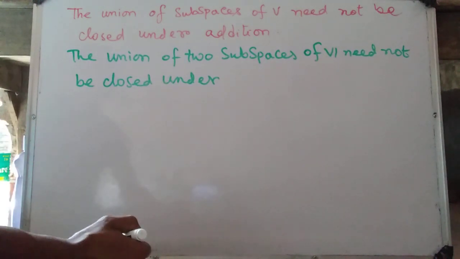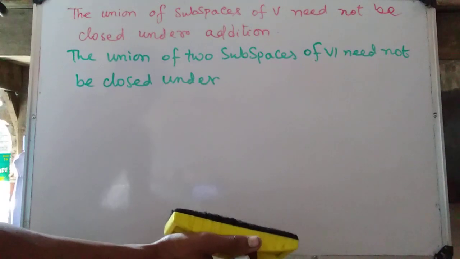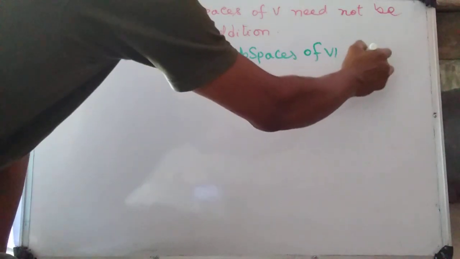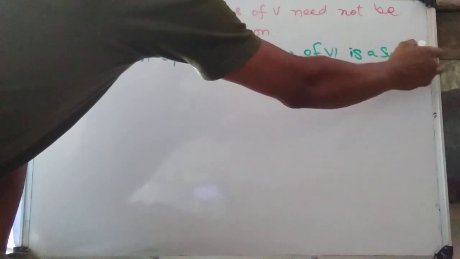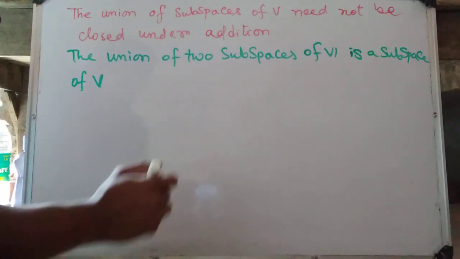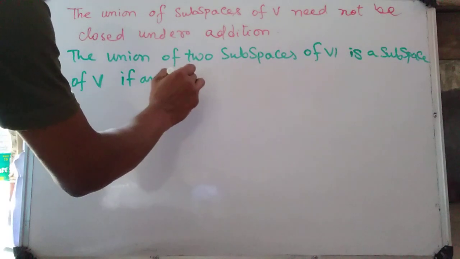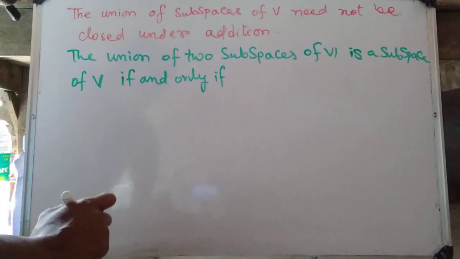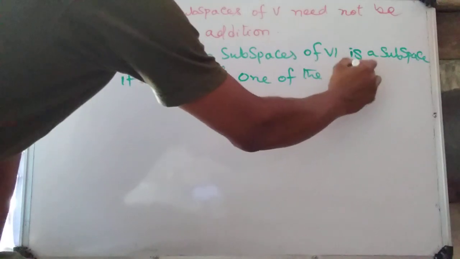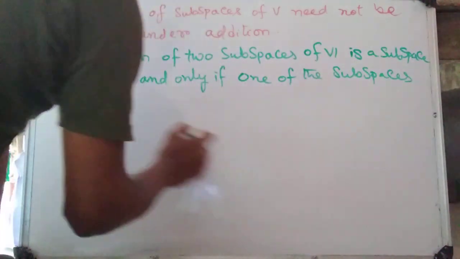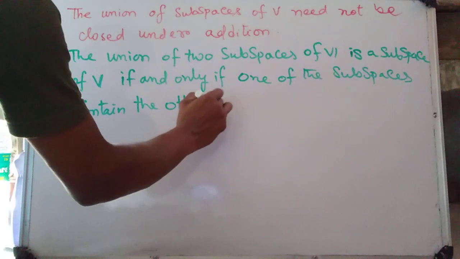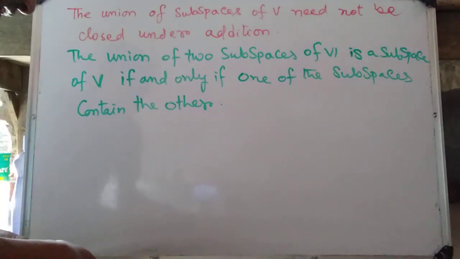So we talk about when the union of two subspaces of V is a subspace of V. It is a subspace of V if and only if one of the subspaces contains the other.